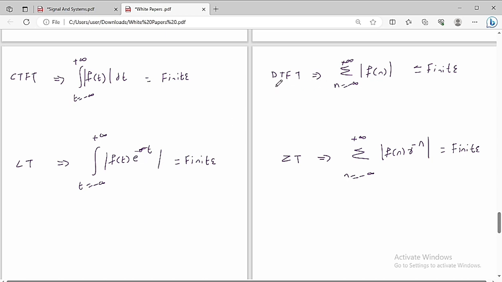The discrete time Fourier transform exists when f of n is absolutely summable, and the Z transform exists when f of n into z to the power of minus n is absolutely summable. These things you always have to keep in your mind.